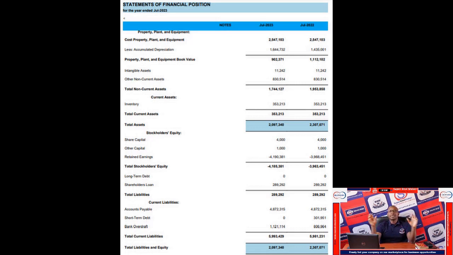That's the basic of a balance sheet, and that's how accounting works. This is the basis of accounting, an accounting principle you need to always keep in mind: your assets must always be equal to your equity plus your liabilities. So the two sides must always balance. If they're not balancing, then there's something wrong. Your books are cooked.